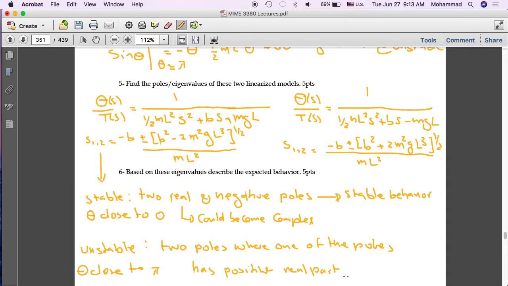One of the two poles will definitely have a positive real part. And that will cause the system to be unstable, which means if you have the system perfectly balanced at the equilibrium and you just tip it a little bit, it is not going to oscillate around that equilibrium. It's just going to go away, which is the definition of instability. The response will grow, will get very large.